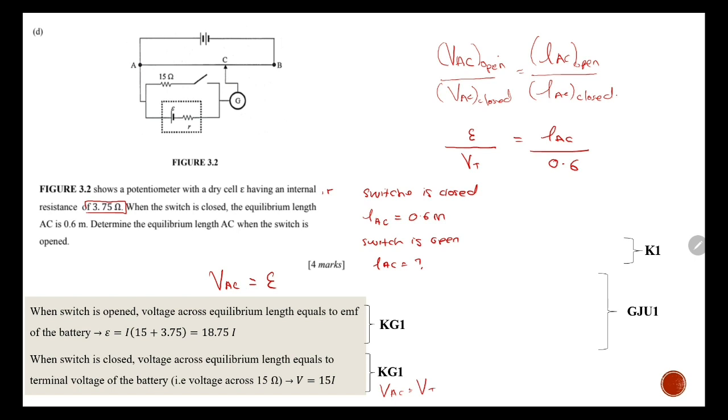So EMF is equal to this formula. This comes from the formula V is equal to EMF minus IR.